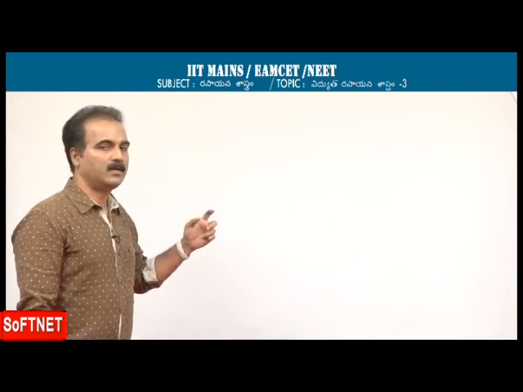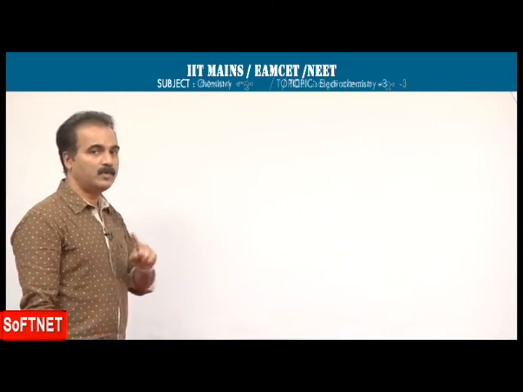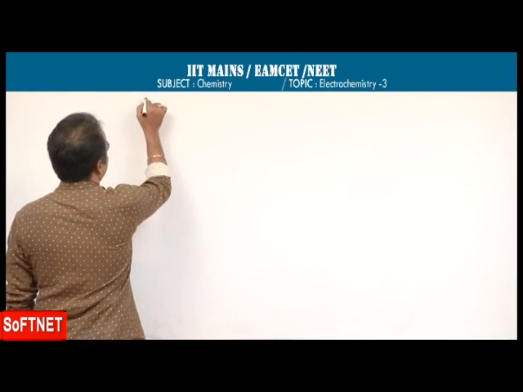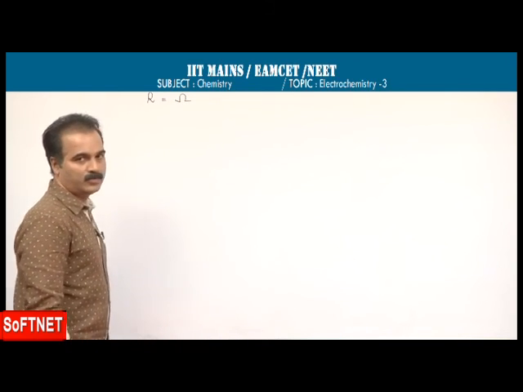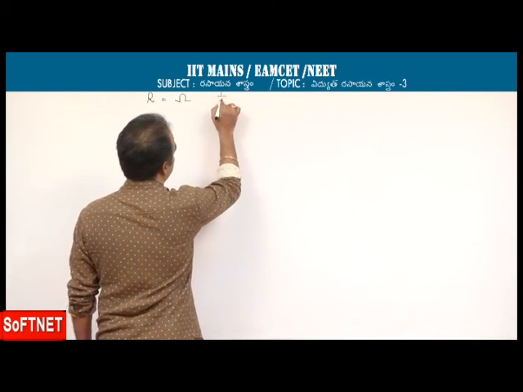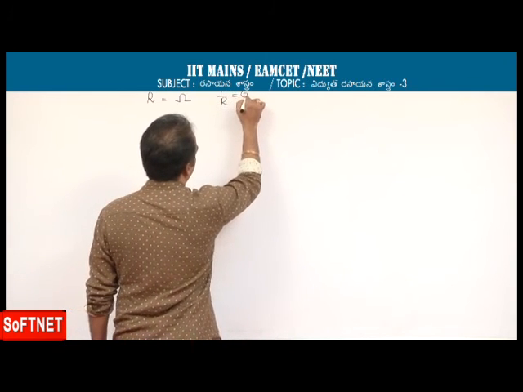In this topic, the units are most important. So, numericals deal with the change in the units. Let us see the units. Resistance, you know the units of resistance are ohms, and the reciprocal of resistance is called conductance.